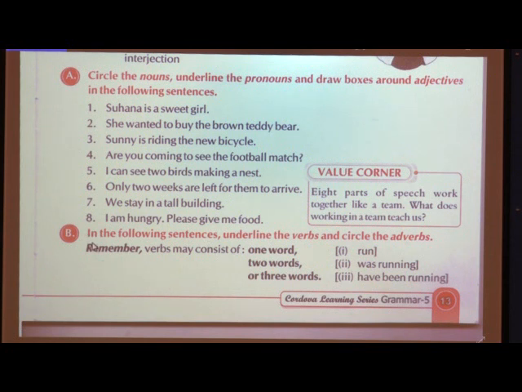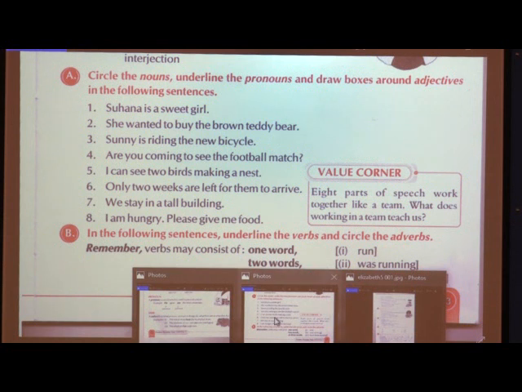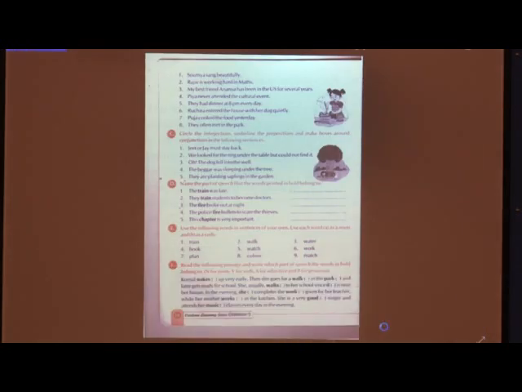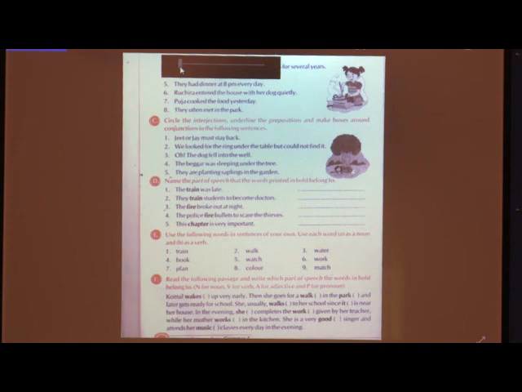In a sentence you may have one word, or you may have two or three words, so you should not get confused, and you have to underline those verbs and circle the adverbs. So, let us move to exercise B.